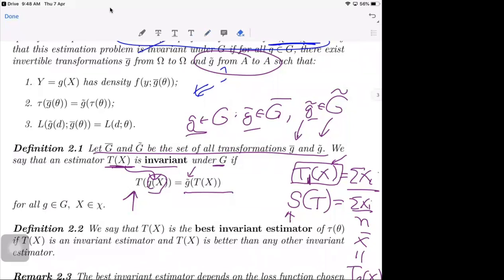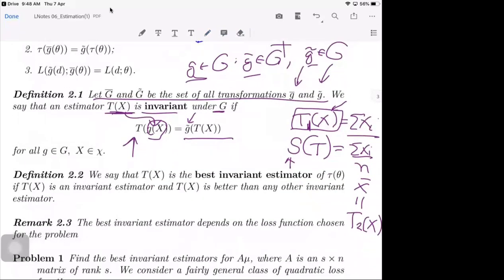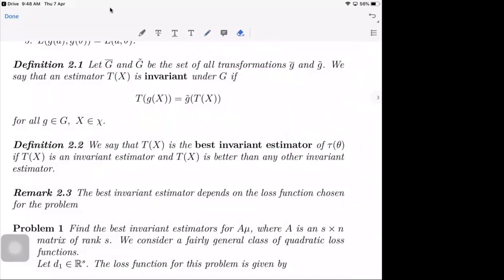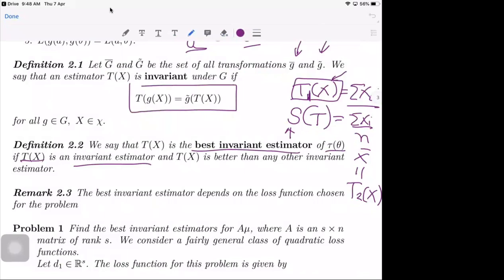So when will it be best? When will it be best? So we say that T of X is the best invariant estimator of tau of theta if T of X is an invariant estimator. So it should satisfy this, it is already invariant. And T of X is better than any other estimator.